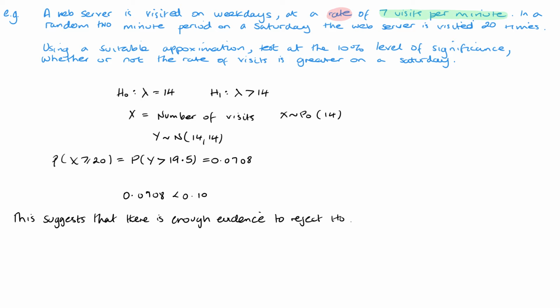First step. Now we need to make sure we write it in terms of the context of the question. So what does this mean in terms of the question? That would be something like there is sufficient evidence to suggest that, and now we're into the question, the rate of visits is greater on a Saturday.